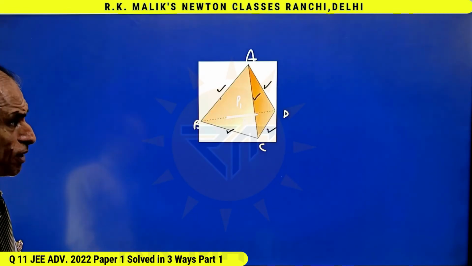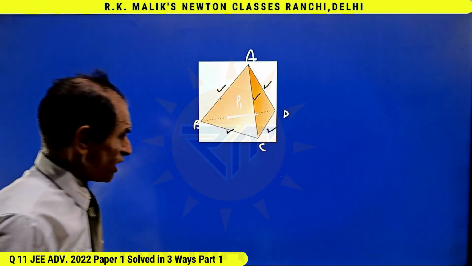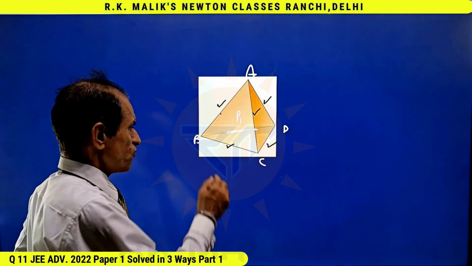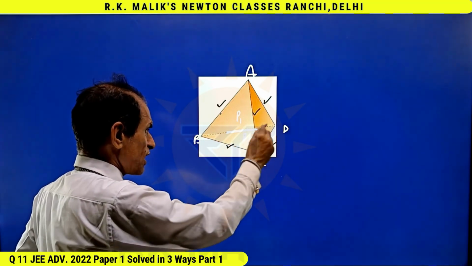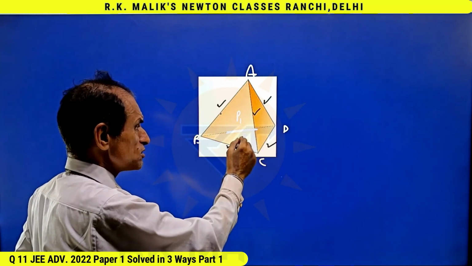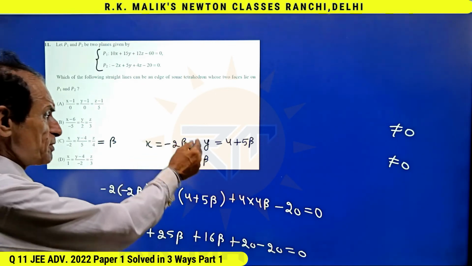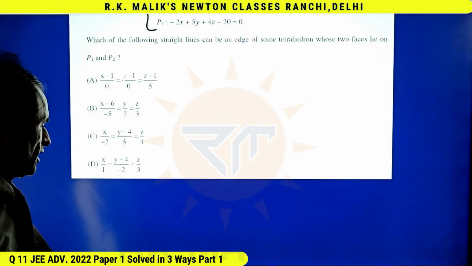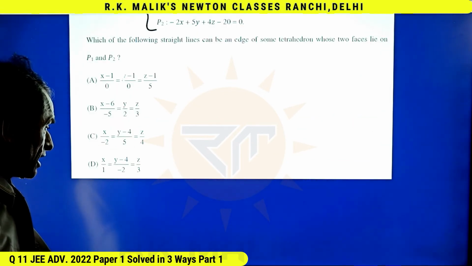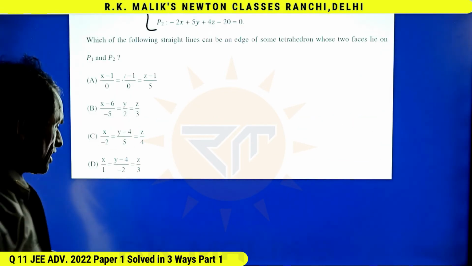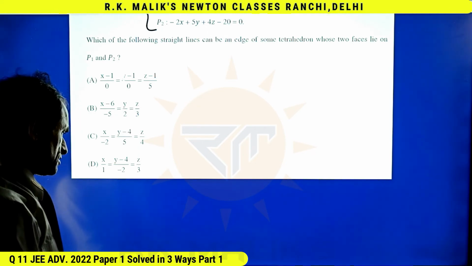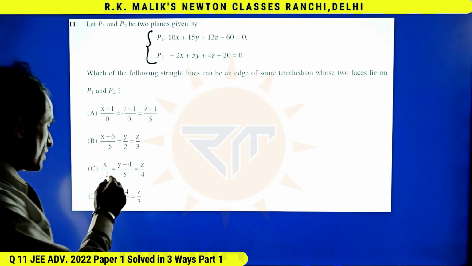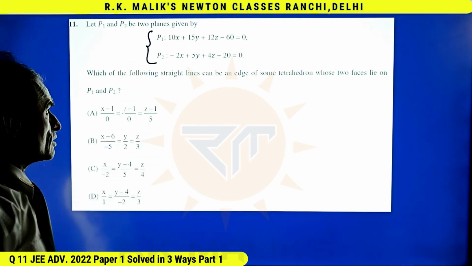That is, the situation will be of the type where the line of choice C will be cutting the line BD at the point 0, 4, 0, by putting the value of beta as 0. Hence the choice C cannot be correct. And similarly, to check the last choice, as in previous cases, first I will check whether this line is parallel to the plane P1.